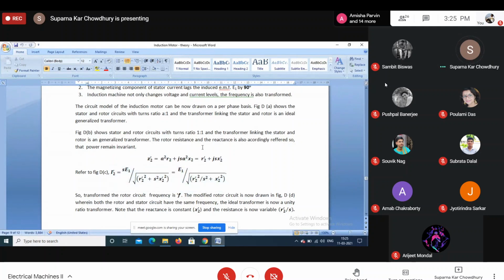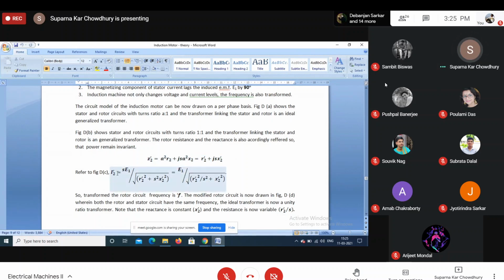That is, the secondary impedances should be multiplied by the turns ratio squared. So Z2 dashed will be A square R2 plus jS X2, because the impedance is jS X2. So jS A square into X2. So this is R2 dashed plus jS X2 dashed.